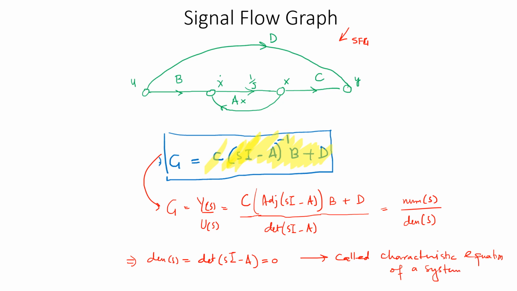And that is needed to be highlighted as well, because this is an important observation. This characteristic equation is going to give us some insight of how the system is going to behave while plotted on the S plane.